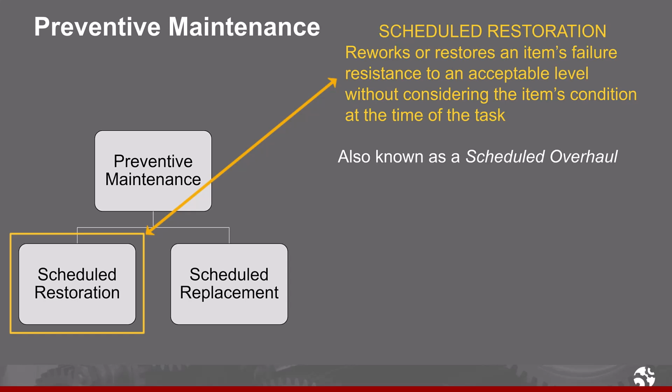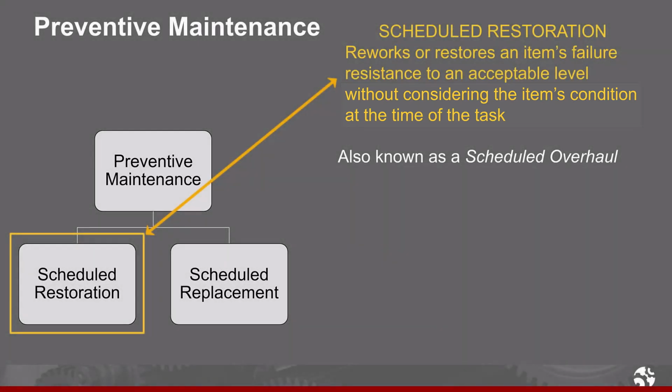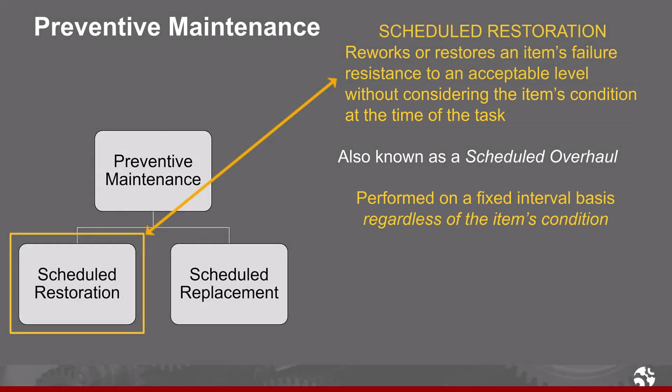Let's focus on a phrase in the definition: without considering the item's condition at the time of the task. The thing about scheduled restorations is that you perform them on a fixed interval basis regardless of the item's condition. In other words, you go in and do the task without any kind of inspection first. You don't check to see if it needs it before you do it.